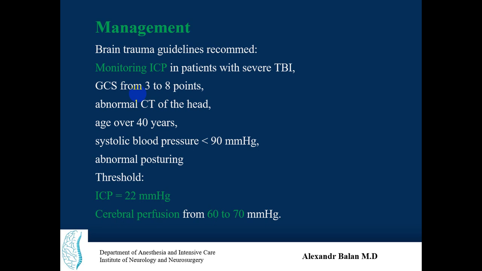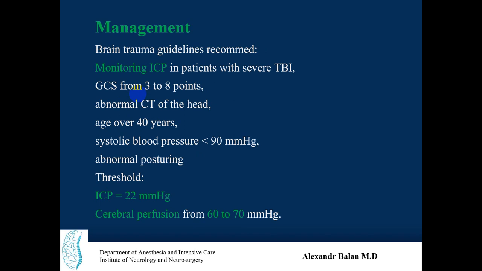Patients brought to the emergency department with Glasgow Coma Scale from 3 to 8 points, which is equal to coma, abnormal CT of the head from any origin, age over 40 years, systolic blood pressure less than 90 millimeters of mercury, or abnormal posturing should be transferred to intensive care, with mechanical ventilation and monitoring.